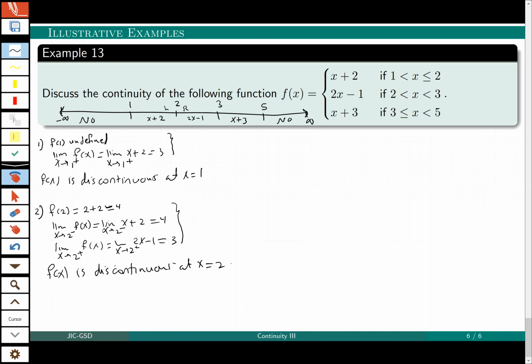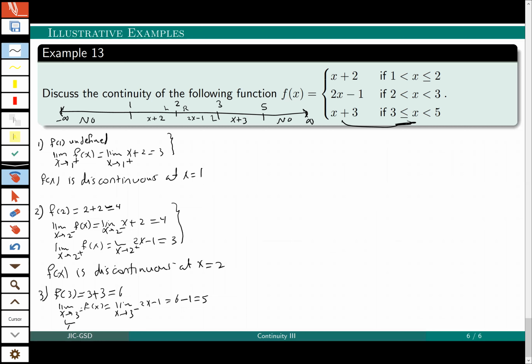Now we have to go to 3 and do the same thing. At 3, what is f at 3? F at 3, if x is equal to 3, you need to substitute here, so it will be 3 plus 3, which is 6. Now, what's the limit when x goes to 3 from left? It will be 2x minus 1, so that will be 6 minus 1, which is 5.